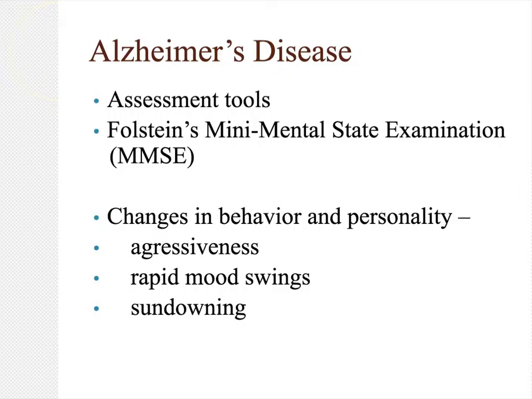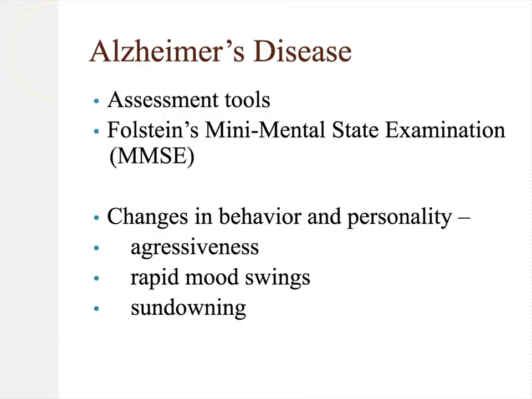Usually this is done on a patient who has come in and maybe their family has expressed concern about their behavior, their memory, or speech. The mini mental exam can help identify if indeed there are some deficits or if it's just something that somebody is imagining.